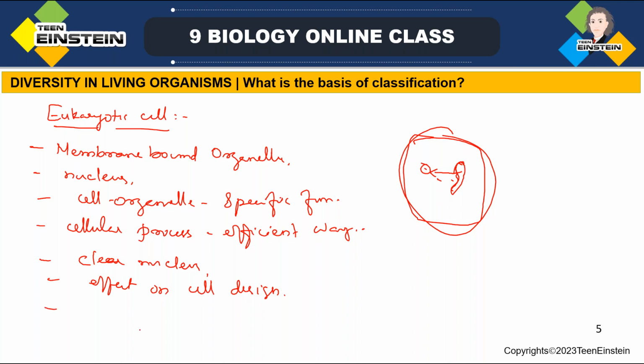Another point we need to mention: cells with a nucleus, or nucleated cells, meaning cells with a specific nucleus, have the capacity to participate in making multicellular organisms.